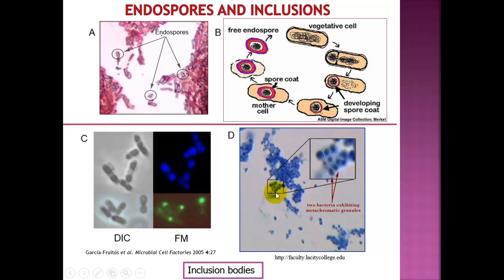Figure D is showing a staining of bacteria. The inset image is showing the outline in yellow of two bacteria within which are metachromatic granules stained in dark blue. Metachromatic granules are also examples of inclusion bodies.